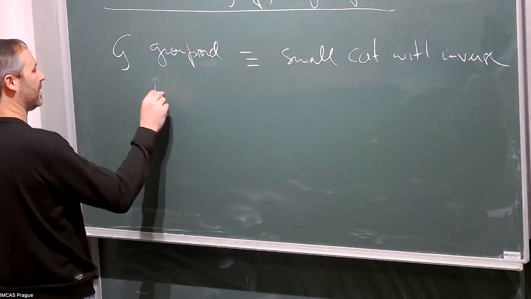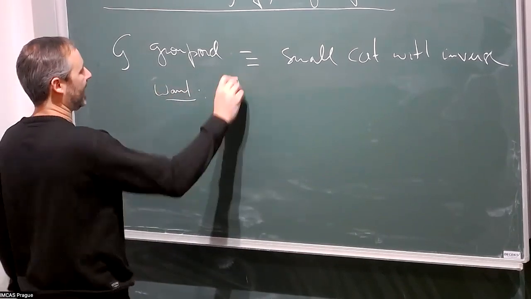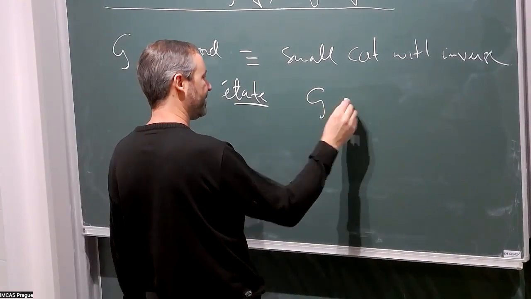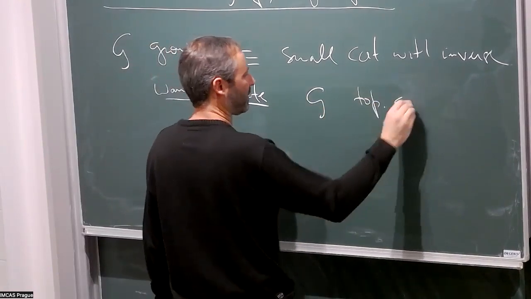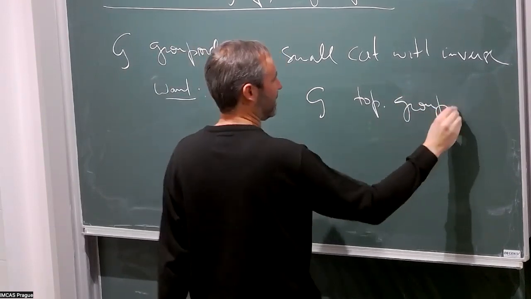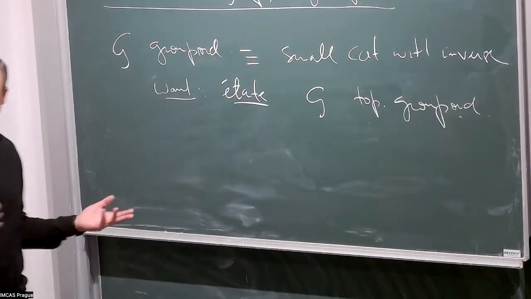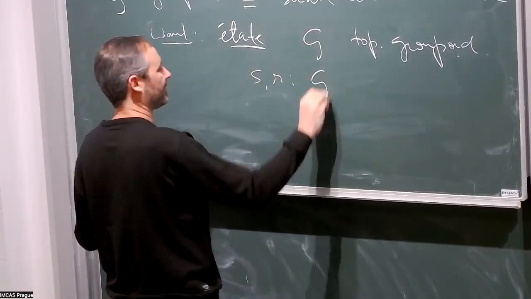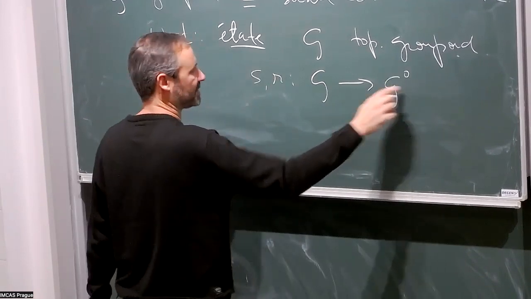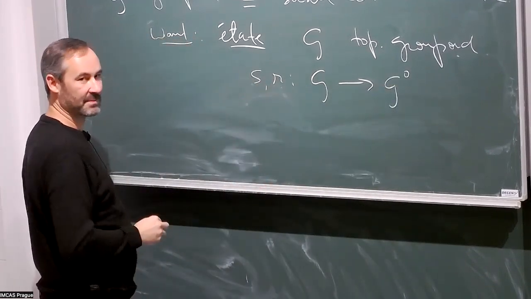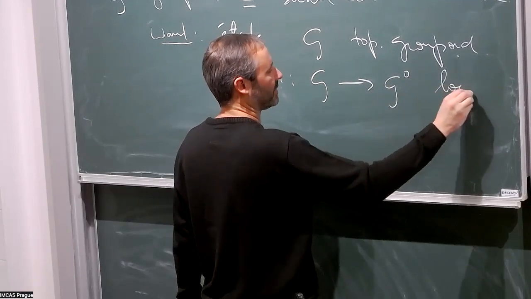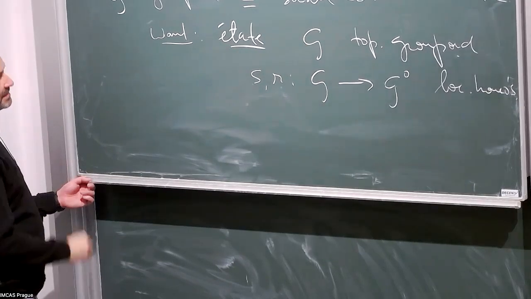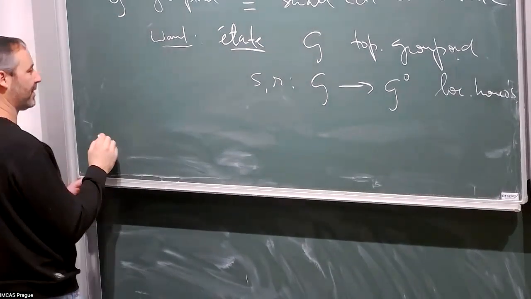We want to also consider étale groupoids. This means that G carries a topology, and of course all the structure should be continuous as usual. Also, if I have a category, I have the objects, and I have the source and range maps. These are local homeomorphisms. This is a short definition of what an étale groupoid is.